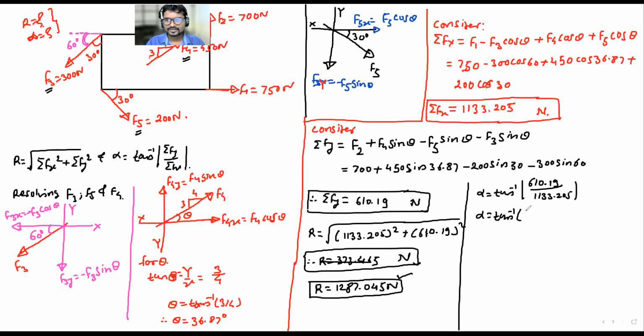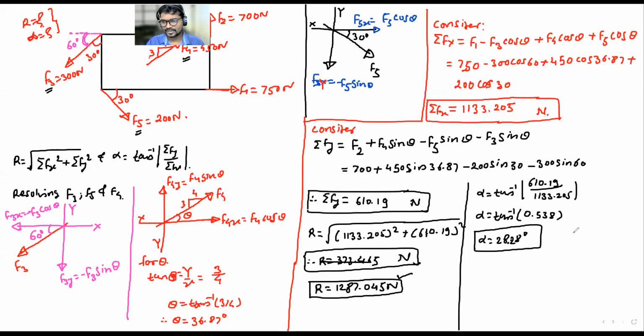How much is it? 0.538. Now take the tan inverse of the same. 28.28. So alpha is equal to 28.28 degrees. Correct now? 28.28, or someone may have got 28.3.